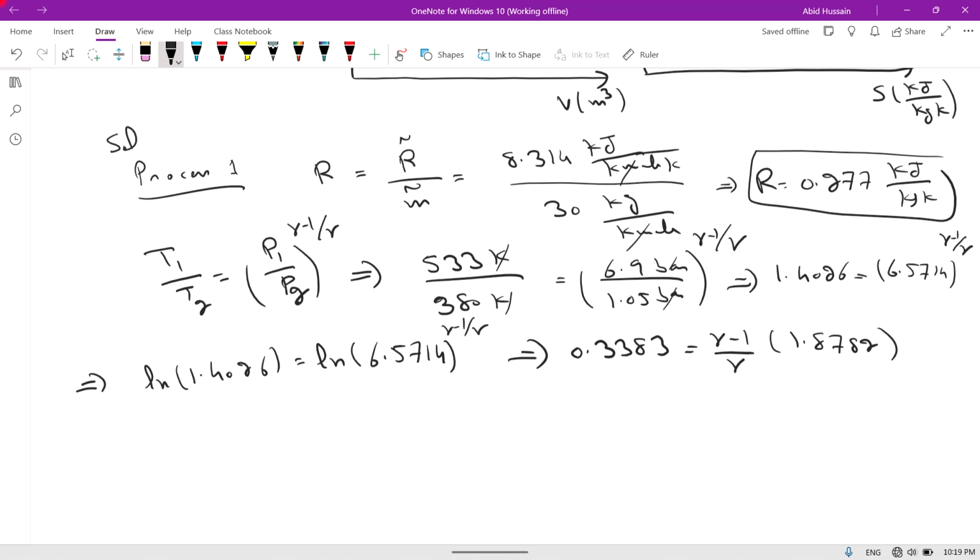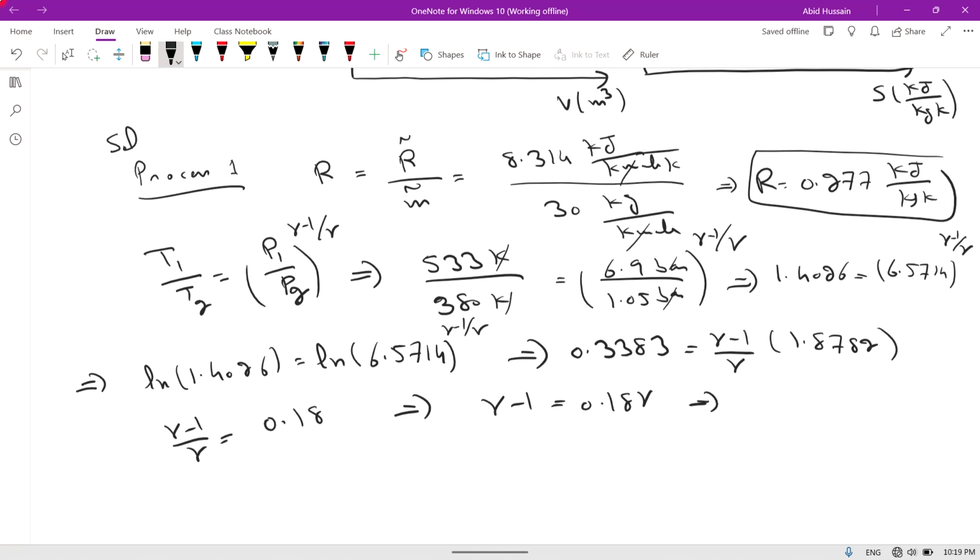So (gamma minus 1) divided by gamma is equal to 0.3383 divided by 1.8782, which is 0.18. Cross multiply: gamma minus 1 is equal to 0.18 gamma.